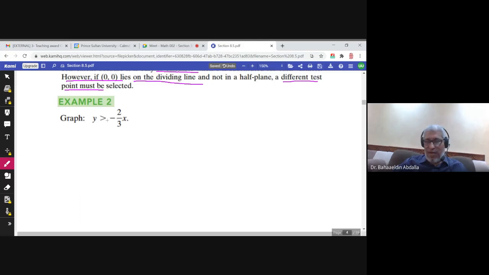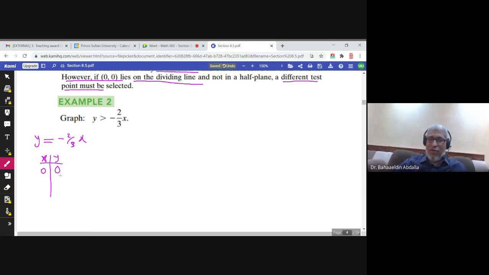Let us look at this example: how to graph a linear inequality in two variables. First step, change greater than to equal and solve this equation. Now, if we try to find the x-intercept and the y-intercept, if we replace x by 0, 0 times negative 2 over 3y would be 0. So I have the point 0, 0.